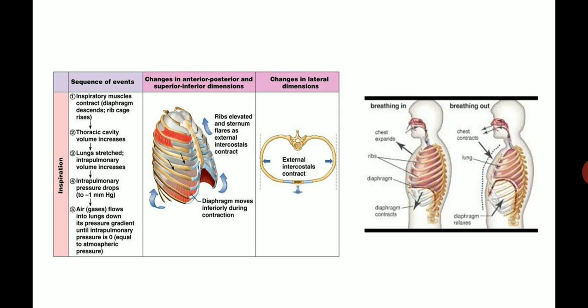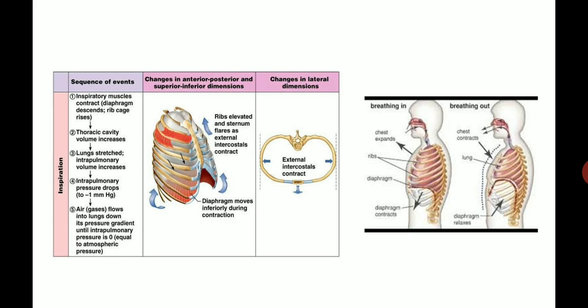The internal intercostal muscles are relaxed. The diaphragm, which is a sheet of muscular tissue which normally remains arched upward like a dome towards the base of the lungs, contracts and flattens from the dome shaped outline to an almost horizontal plane and thus contributes to the enlargement of the chest cavity lengthwise.